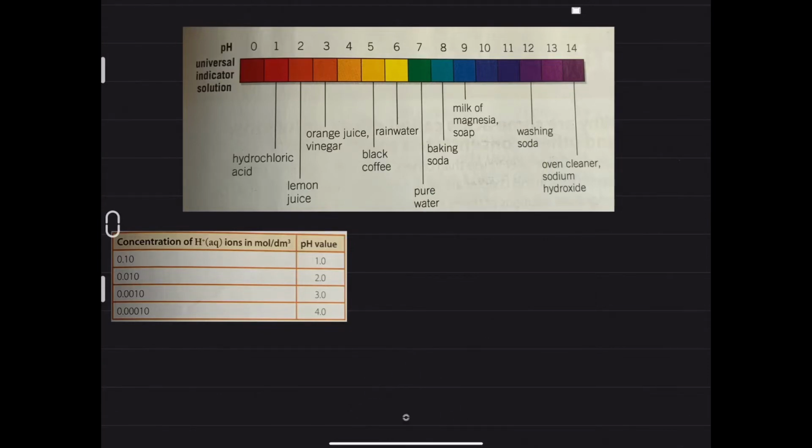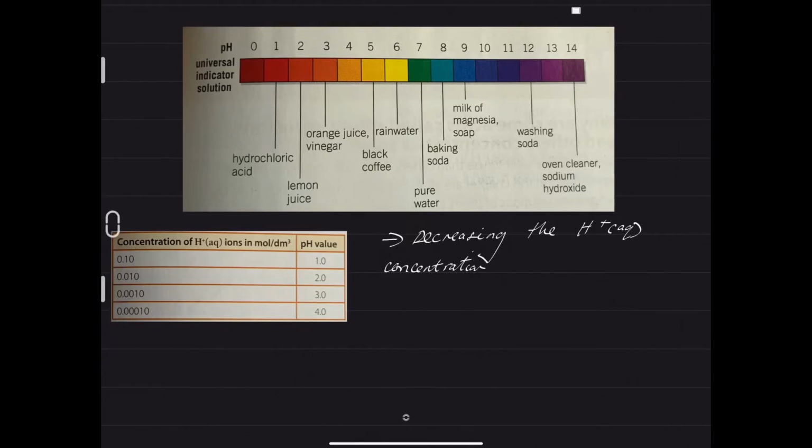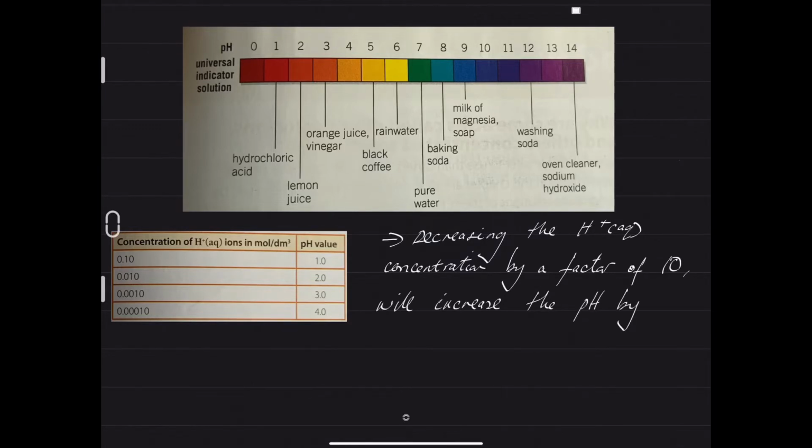What we say is that decreasing the H plus ion concentration by a factor of 10 will increase the pH by 1.